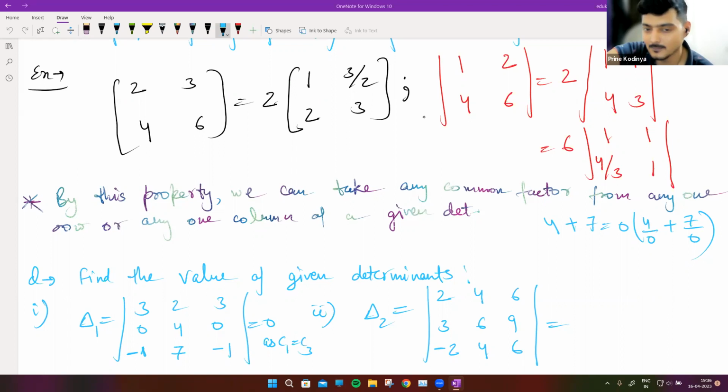So take 2 common from the first row and 3 common from the second row. So 2 into 3 outside will be 6. Now this becomes 1, 2, 3, and this becomes 1, 2, 3. I'm also taking 2 common from the third row. So 2 from the first row, 3 from the second row, 2 from the third row, which becomes 2 into 3 into 2, that is 12. And this is minus 1, 2, and 3.